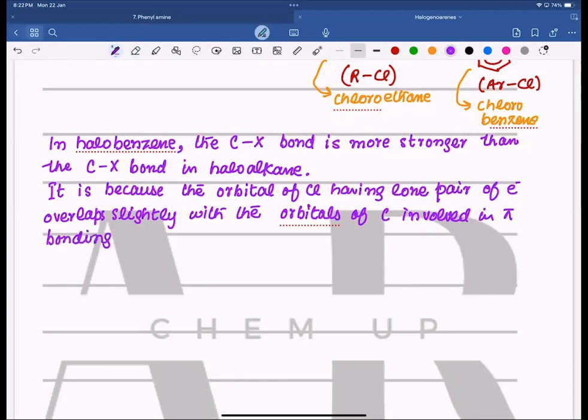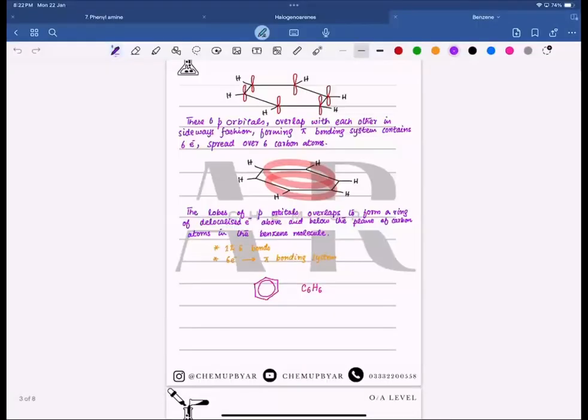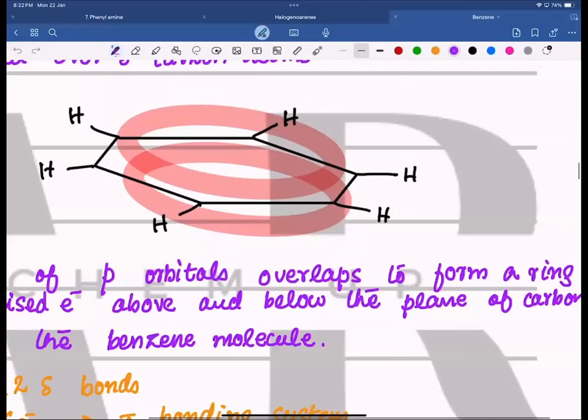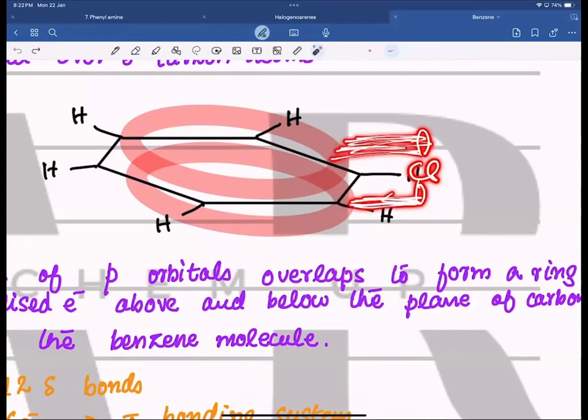If you want to see what will happen actually, have a look over here. Now assume here we have, instead of this hydrogen, a chlorine, and this chlorine has a p orbital as well, having a lone pair. So chlorine will overlap this pair of this p orbital with this pi system in chlorobenzene. Is this understandable?